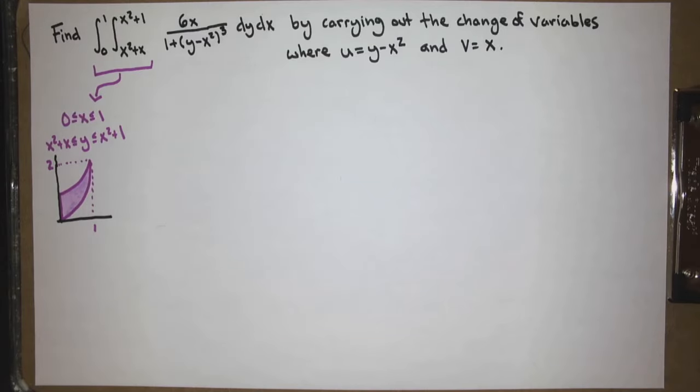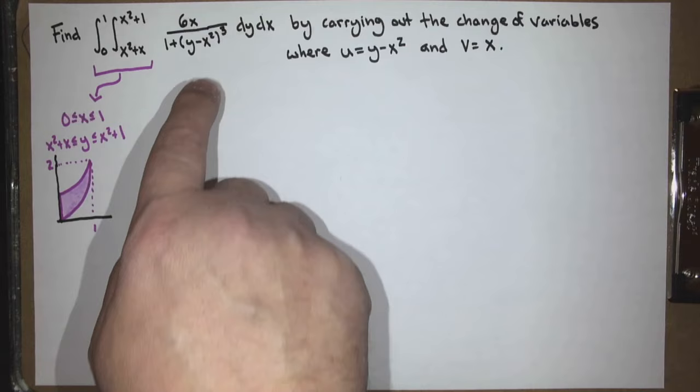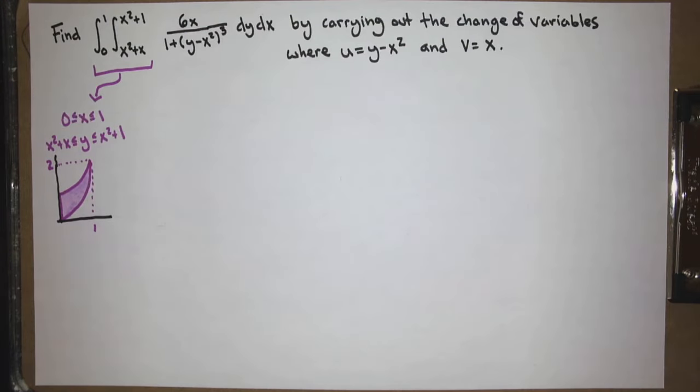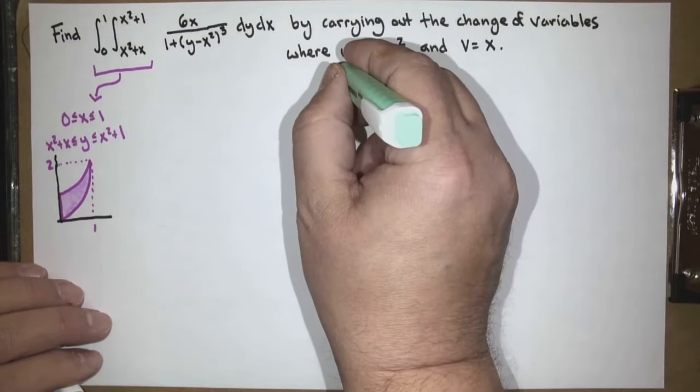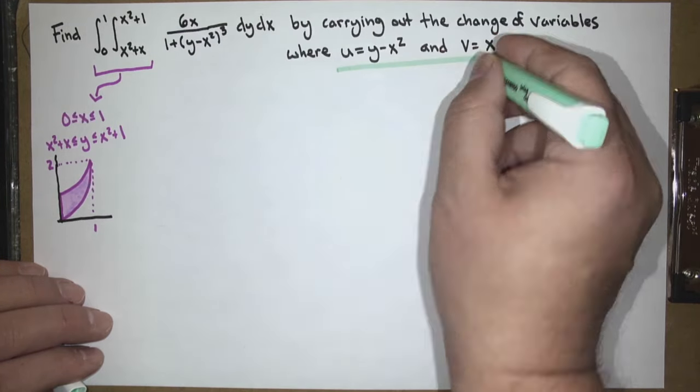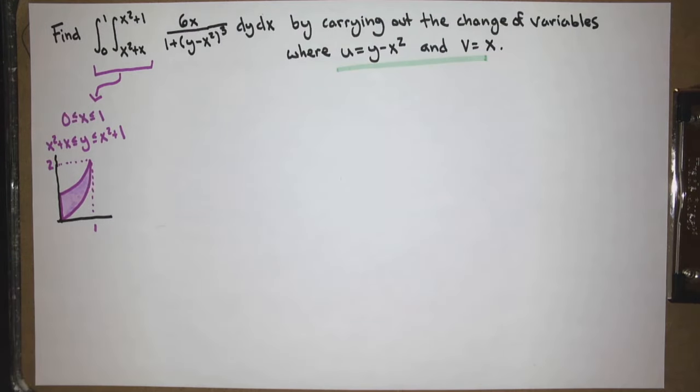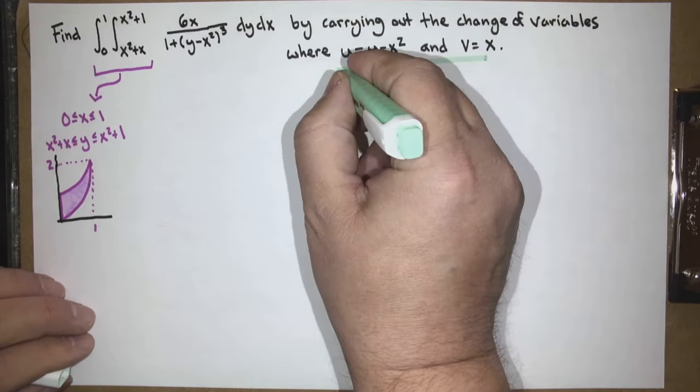Of the function 6x over 1 plus y minus x squared cubed dy dx by carrying out the change of variables, u equals y minus x squared and v equals x. So we can see it's a change of variables, and they're going to make it pretty clear. And lo and behold, we don't have to think very hard to find what our variables are. So that saves us a step.